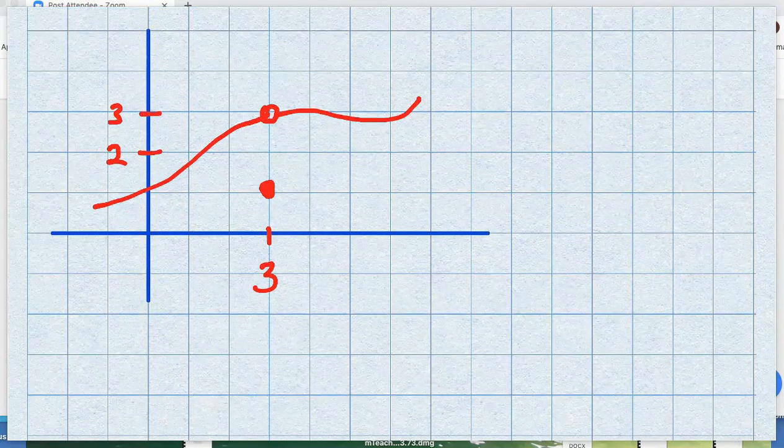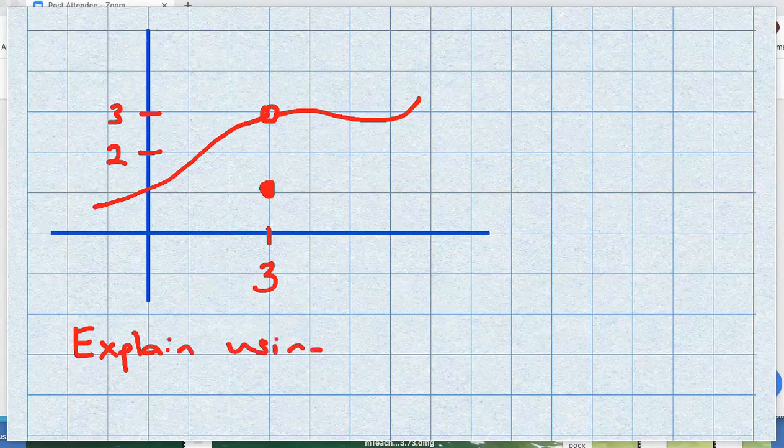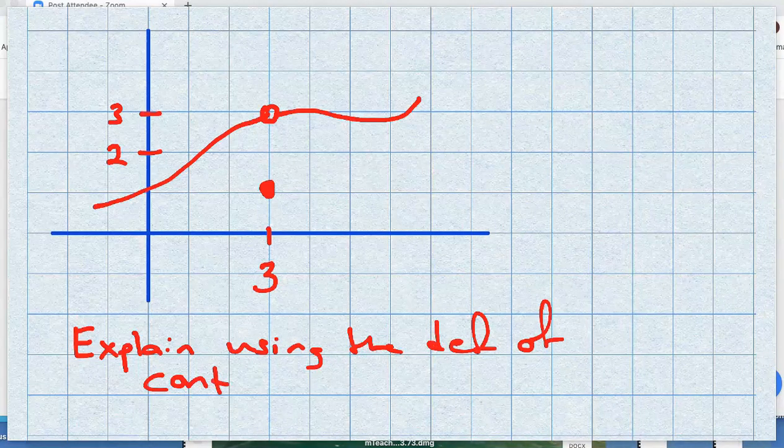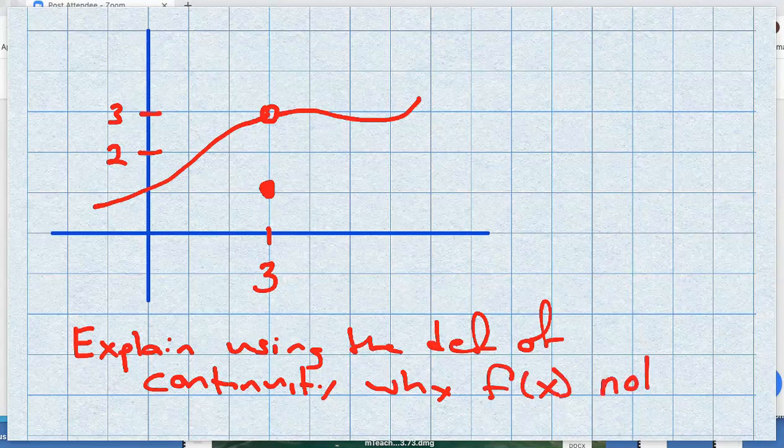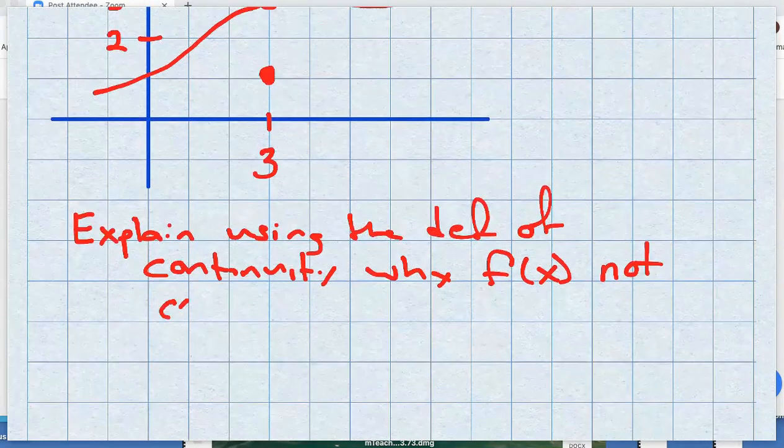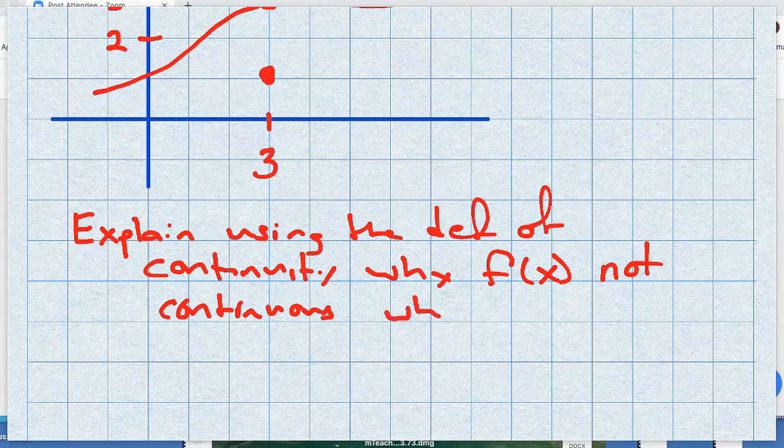But it might be something where you're asked to explain using the definition of continuity why f of x is not continuous when x equals 3.